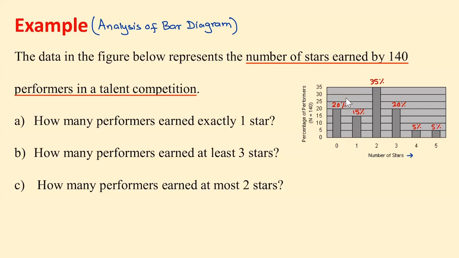Now make sure you know this, 20% means 20% of 140, 15% means 15% of 140, 35% means 35% of 140. Similarly, 20% means 20% of 140, and 5% is 5% of 140 each. Now, these questions are asking how many performers.